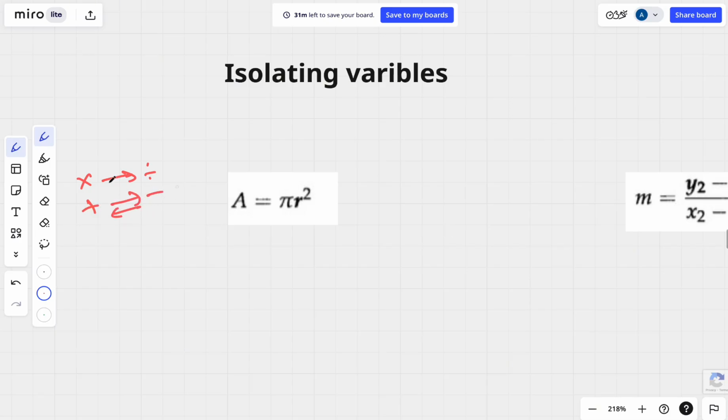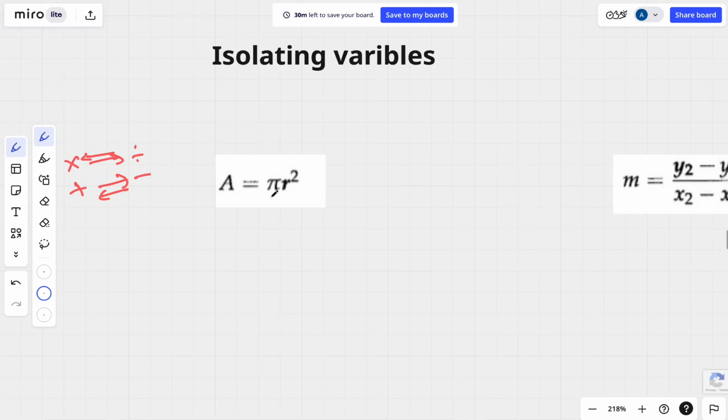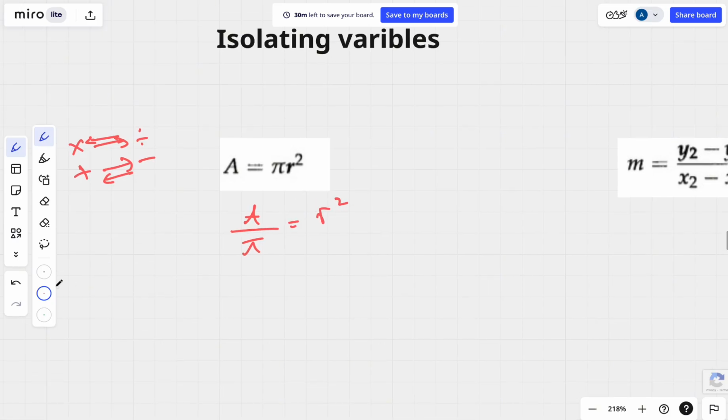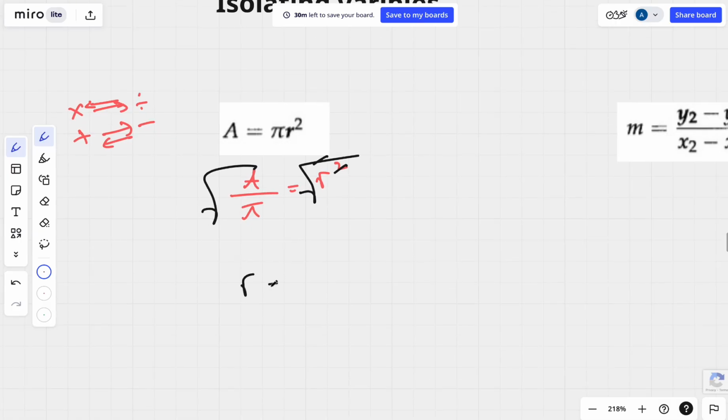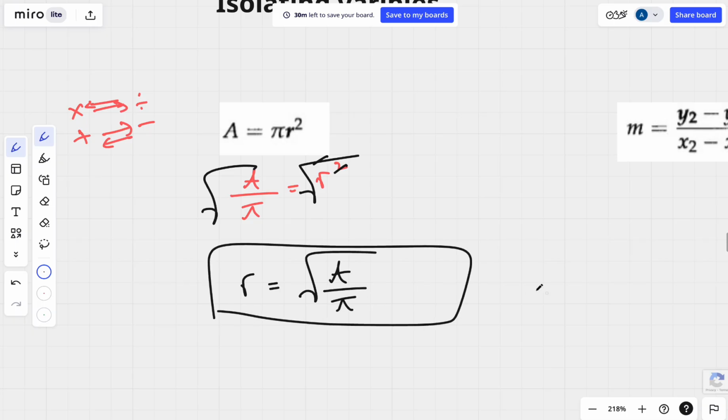So you just change their places, change the signs. So the pi comes down, so it becomes a over pi, because it's dividing, is equal to r squared. We need to get rid of the square, so we take the root on both sides. The square cancels with the root, which means we're left with r is equal to root of a over pi. So that's r.